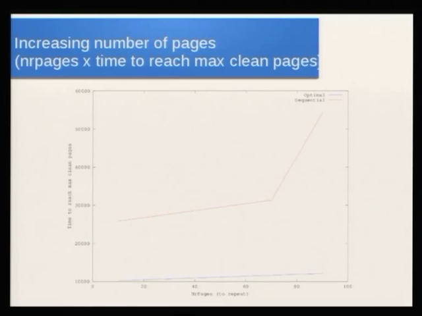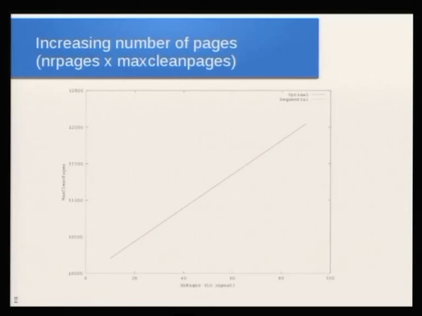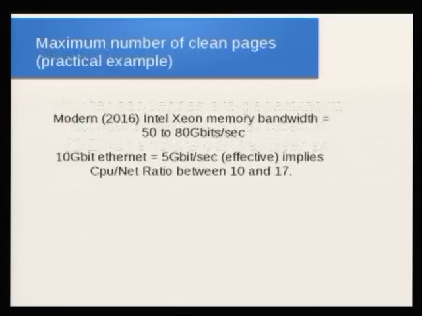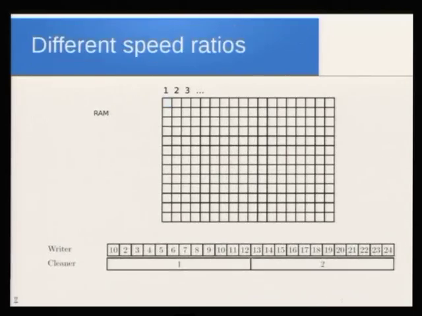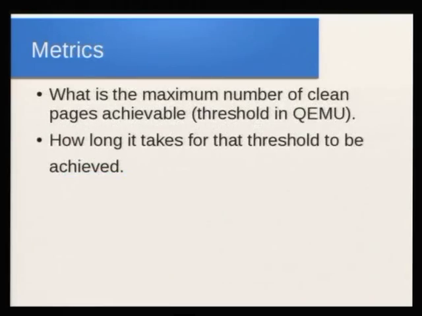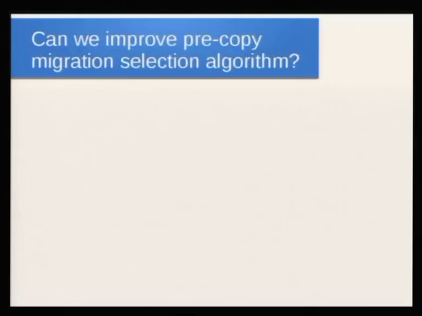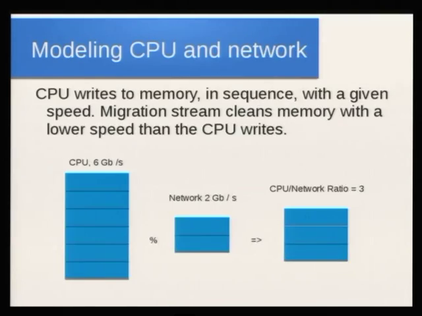With throttling, what happens is that I haven't tested it. Throttling increases the slowdown. What happens is that if you let the CPU write, you get like 50, or let's say 6 gigabytes per second.